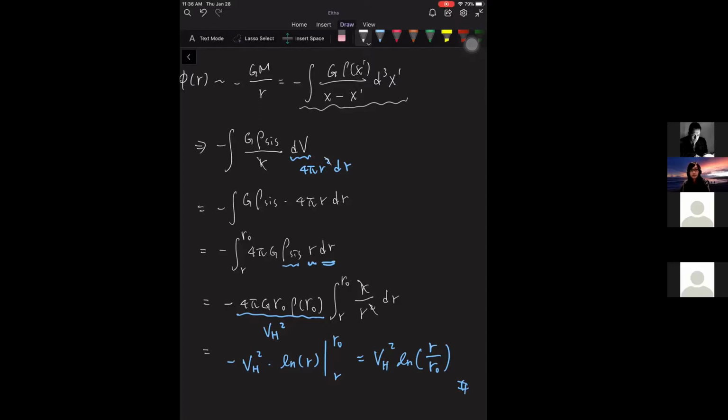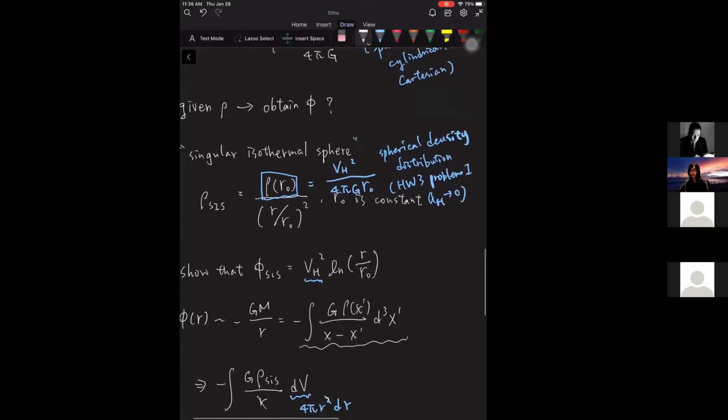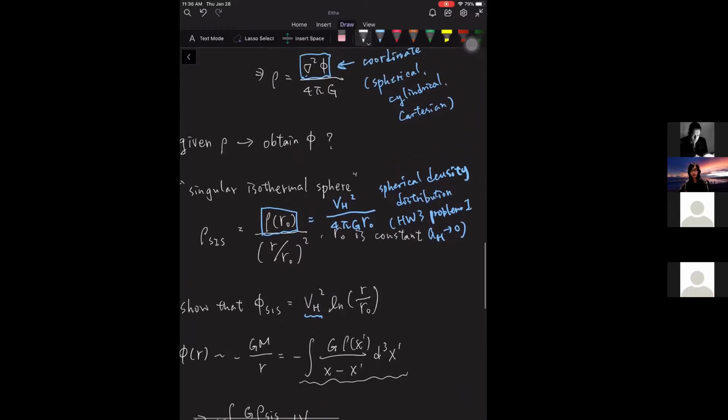I had a question. How did that become VH squared? Okay, can you hear me now? Yes. It seems that I was muted. Okay, great. So VH squared comes from the spherical density distribution I mentioned here.